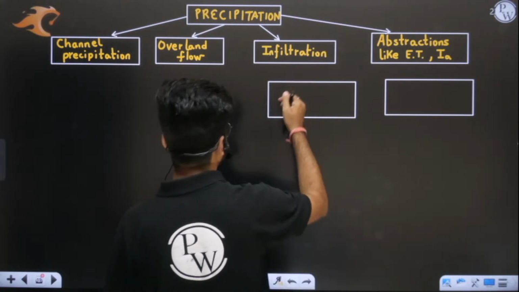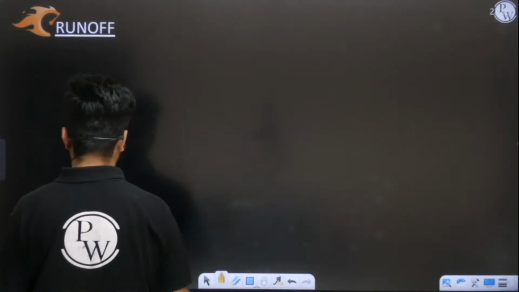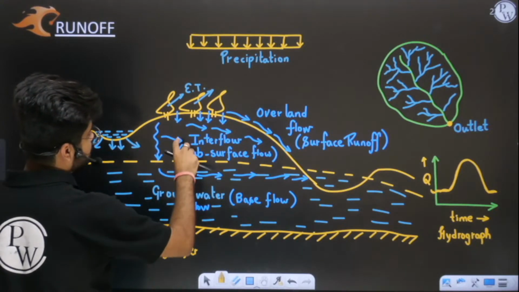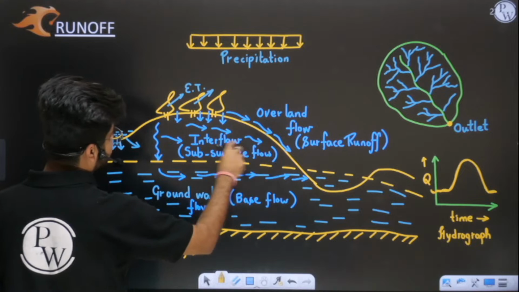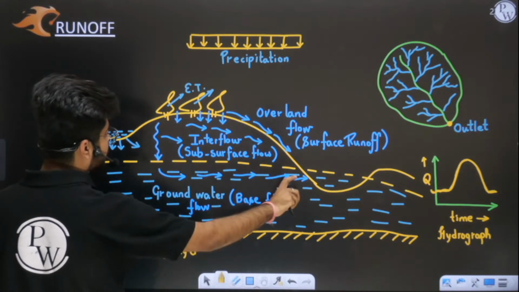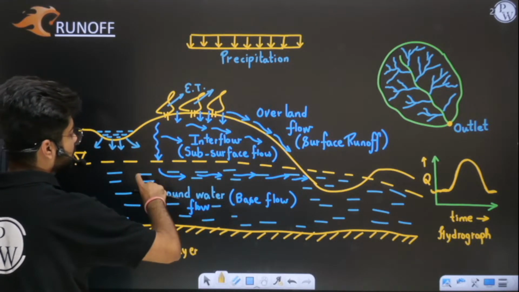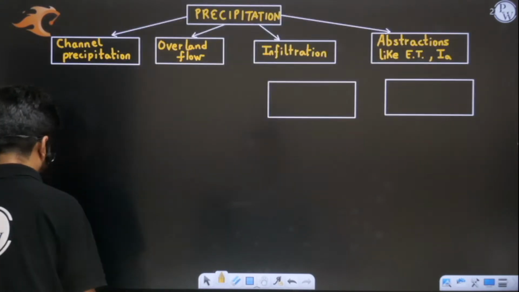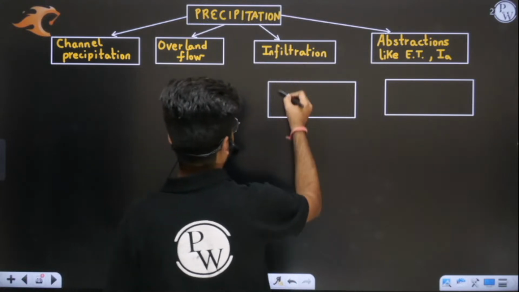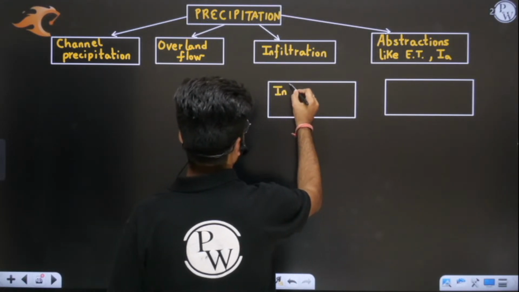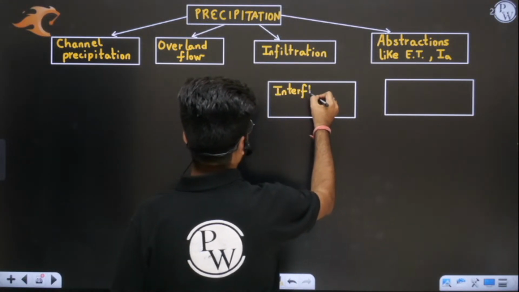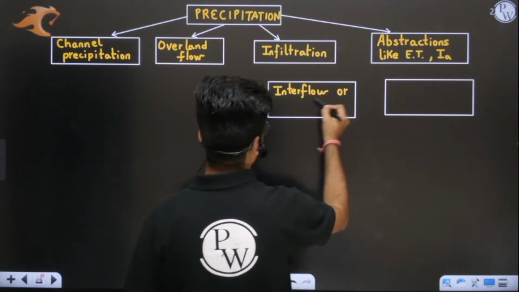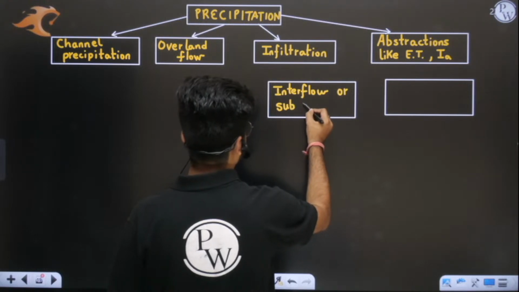Whatever water goes inside, some water will be part of interflow, and some water will percolate deep down, and that will be part of base flow. Yes or no? So whatever water goes into the ground will become interflow, or subsurface runoff.